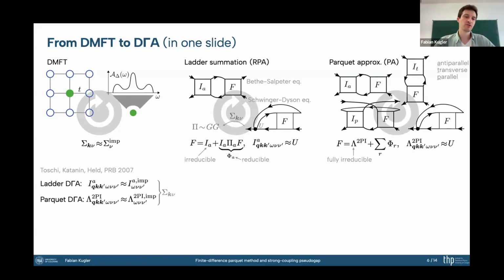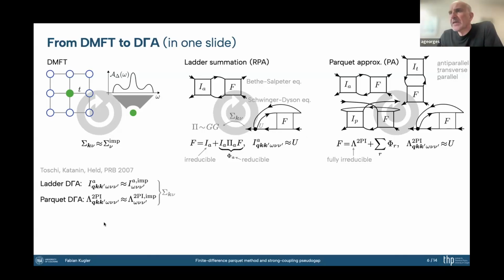Let's approximate them fully dynamically by the results from the DMFT impurity model. In ladder D gamma A, we do this for the 2PI vertex in a given channel, in parquet D gamma A for the fully irreducible vertex. And plugging these ingredients in here, we can solve the equations and ultimately arrive at a momentum-dependent self-energy.